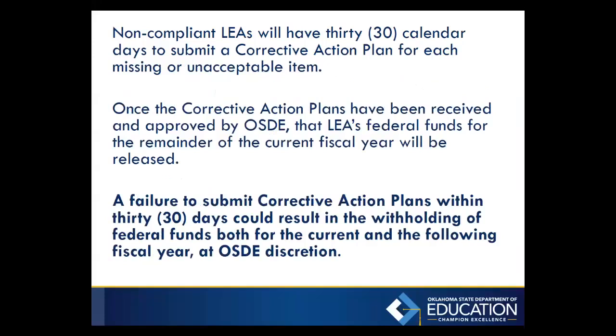A failure to submit corrective action plans within the 30 days could result in the withholding of federal funds both for the current and the following fiscal year at OSDE discretion. Okay. A hold, I'd like to add here, a hold on your federal funds also means that you'll lose any funds that cannot be carried over within the parameters of each title program.